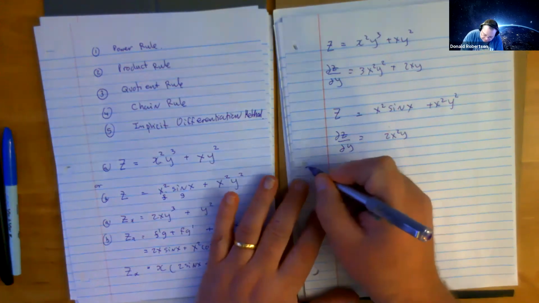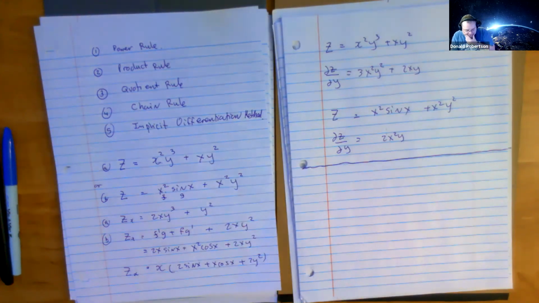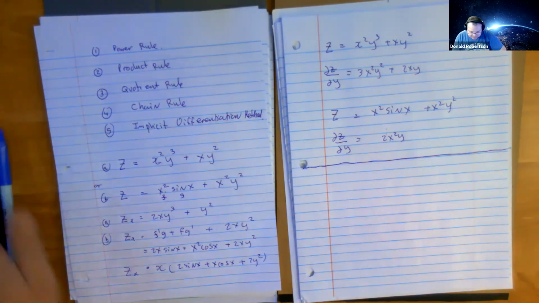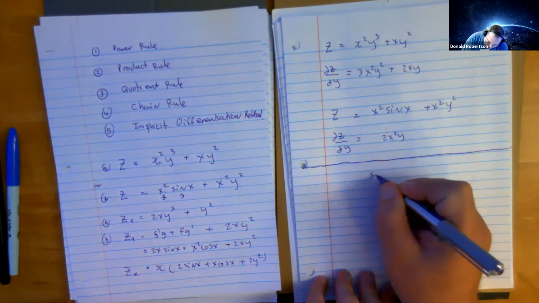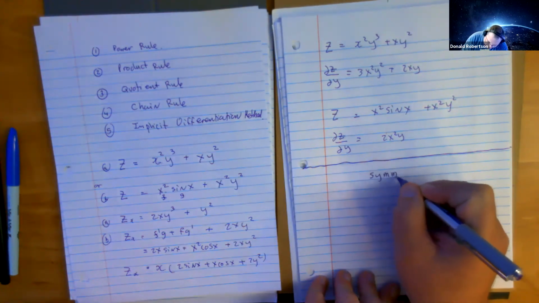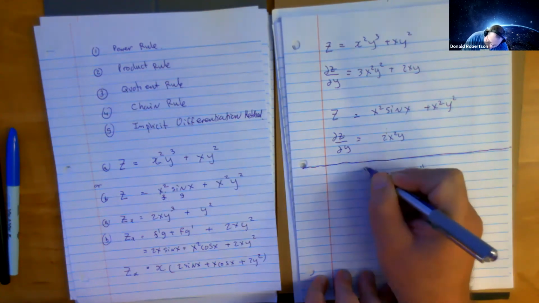Now, before I go too far, let's show you a little trick. It's a trick of the trade. I'm going to use a property called symmetry.